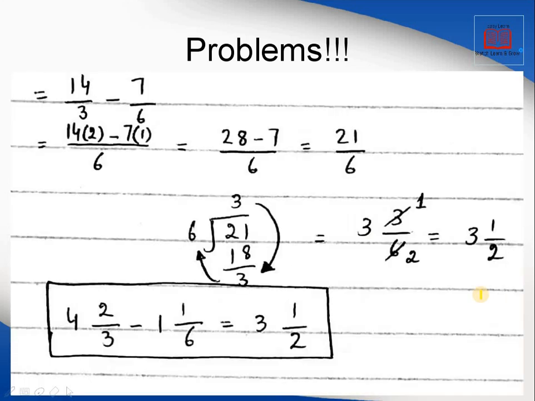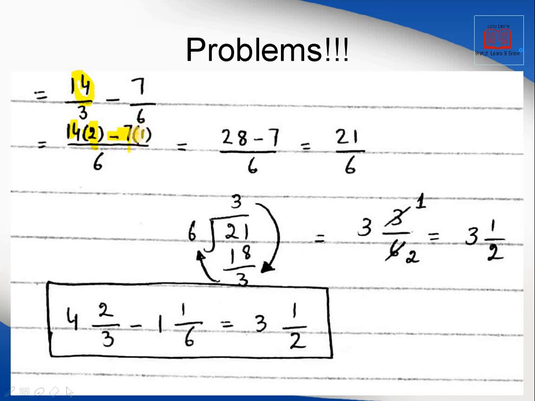So this is the term. Finally, taking the LCM of 3 and 6, the LCM is 6. Write the first term as it is. Then 3 is multiplied by some number to make it 6. 3 multiplied by 2 becomes 6. So 3 is multiplied by 2 to make it 6, minus sign as it is, 7 as it is.